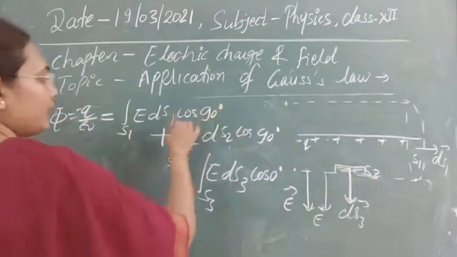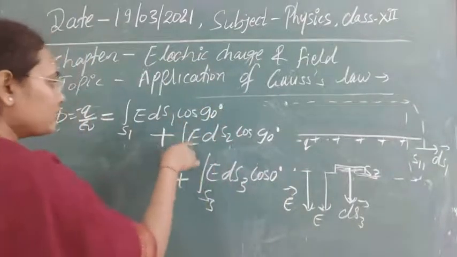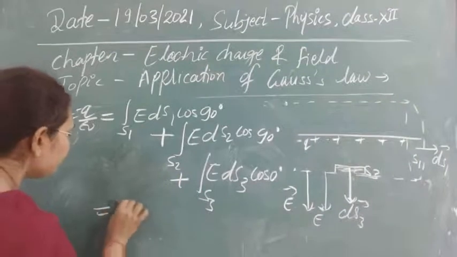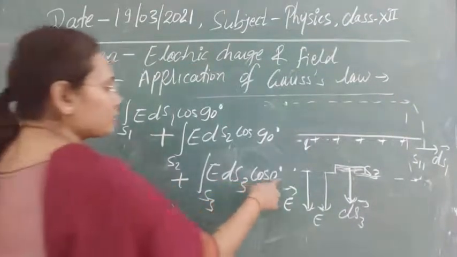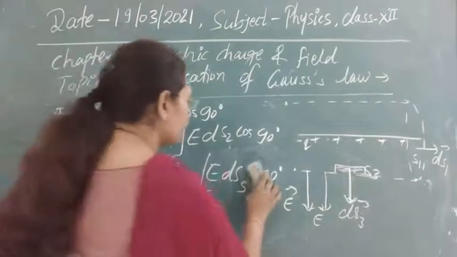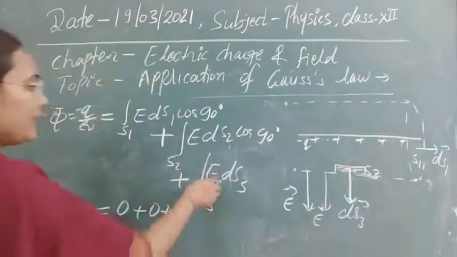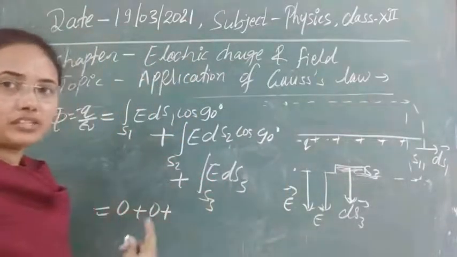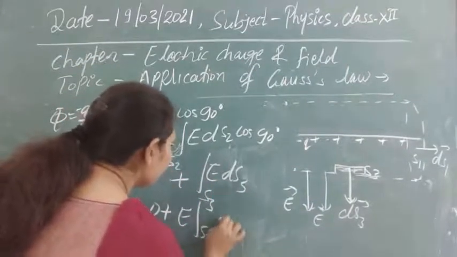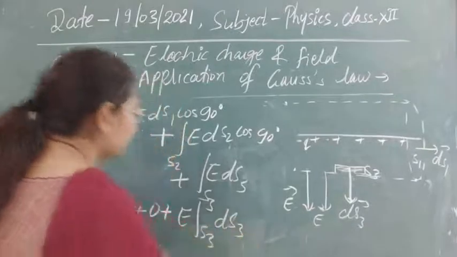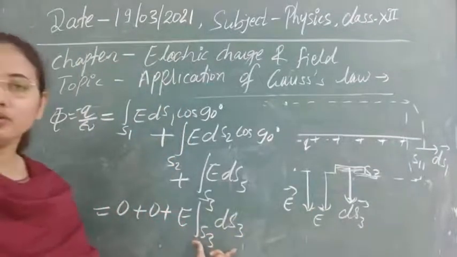Now as the value of cos 90 is 0, the first two terms are now 0. In the last term, cos 0 is 1. And as E is a uniform, constant value, we can take it outside, so this will be E times the integral of dS3. Now we have to integrate only this.